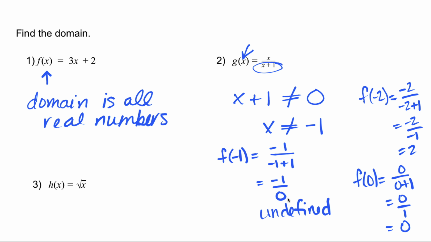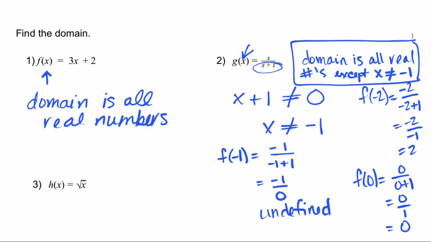So all of this work shows us that the domain is all real numbers, except x cannot be negative 1. And that would be how we would describe the domain for g of x equal to x over x plus 1.